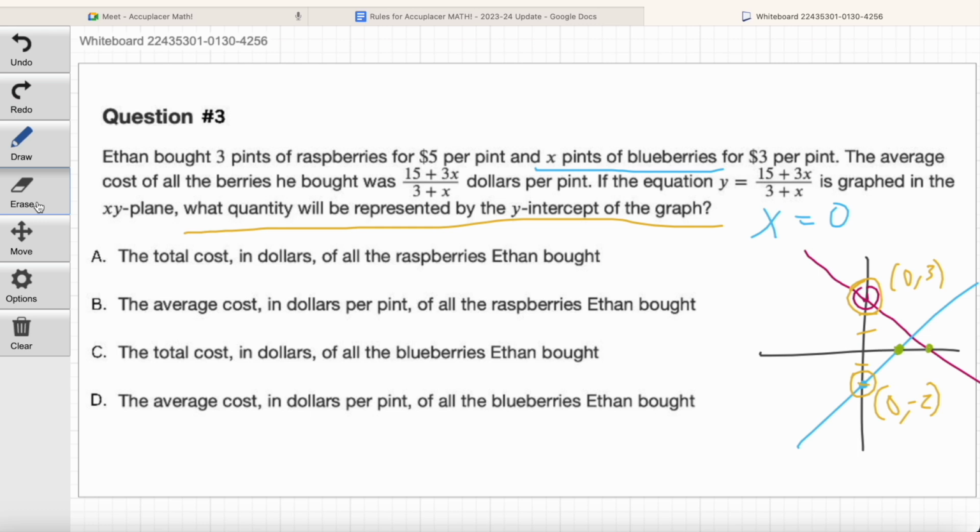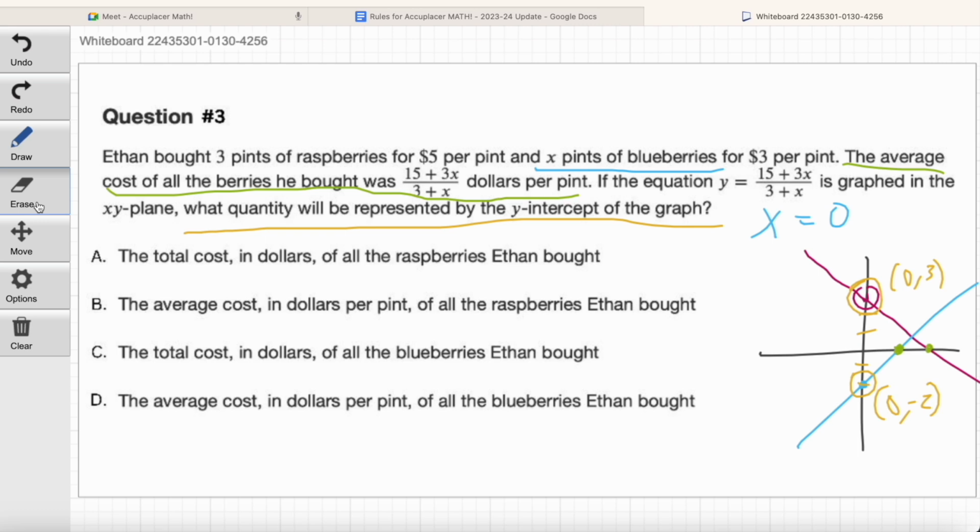It's the pints of blueberries. And then they give us this equation for the average cost of all the blueberries he bought, in dollars per pint. We're trying to figure out what quantity is represented by the y-intercept. If we plug in a 0 for x, that will give us the y-intercept.